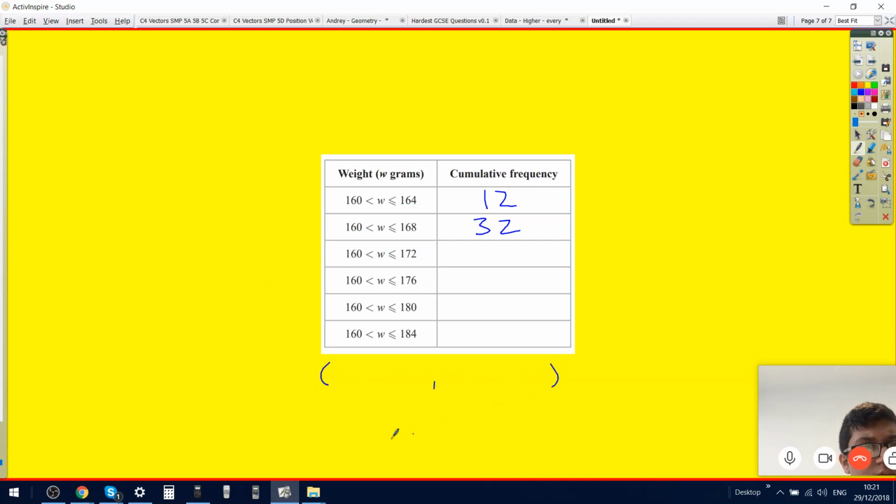So what would be right? 162, 12 and then 164, 32. For cumulative frequency, you use the end point.